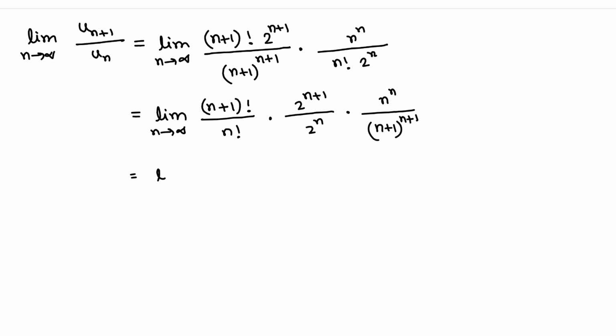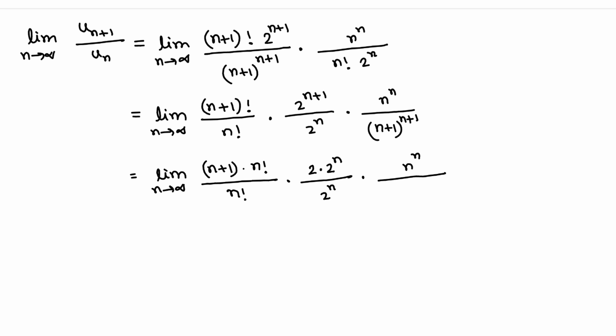This equals limit n tends to infinity, n plus 1 into n factorial divided by n factorial, into 2 into 2 to the power n divided by 2 to the power n, into n to the power n divided by n plus 1 whole to the power n plus 1, that means n plus 1 into n plus 1 to the power n. Yes or no?